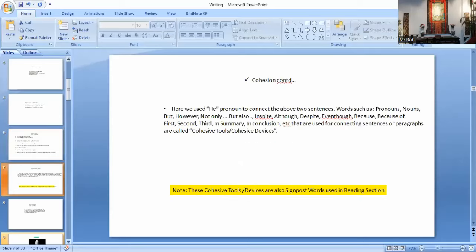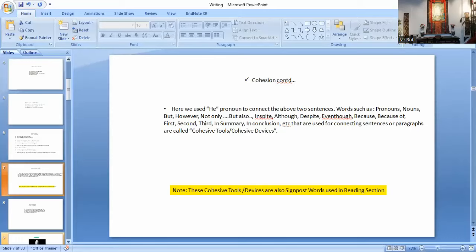Now cohesion continued. Here we used he pronoun to connect the above two sentences. Words such as pronouns, nouns, but, however, not only but also, in spite, although, despite, even though, because of, first, second, third, in summary, in conclusion, etc., that are used for connecting sentences or paragraphs are called cohesive tools or cohesive devices.